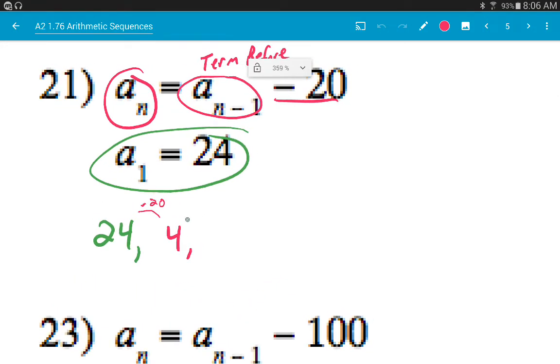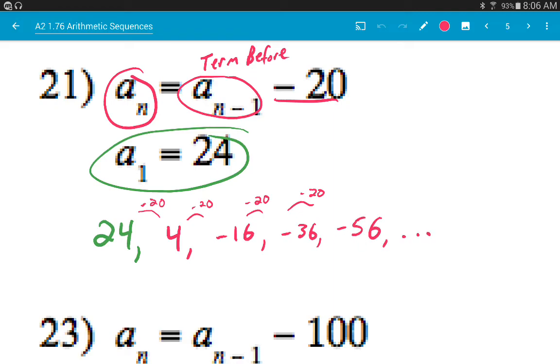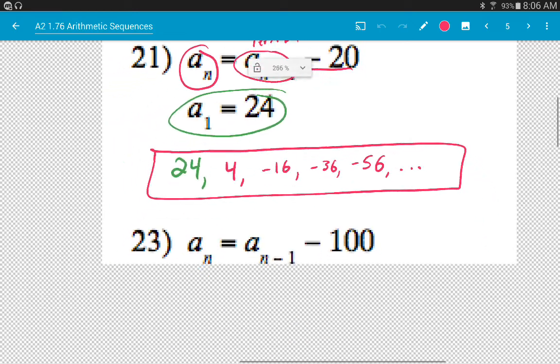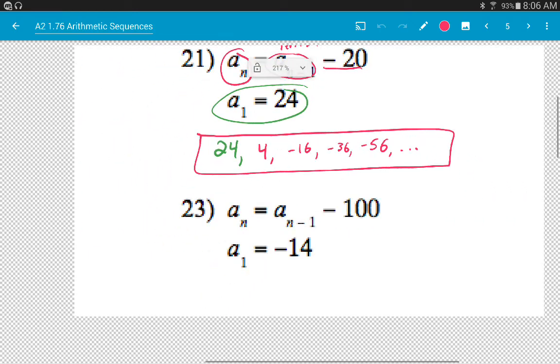Let's minus 20 again. That's going to get me negative 16. Minus 20, minus 20, that's going to get me negative 36 and negative 56. Comma, dot, dot, dot. That's my first 5 terms. Now you should be good to complete the rest in this section.